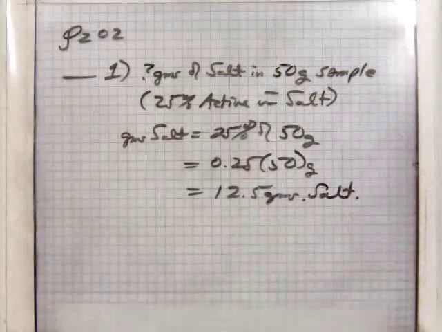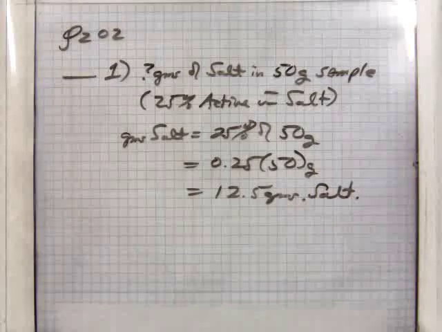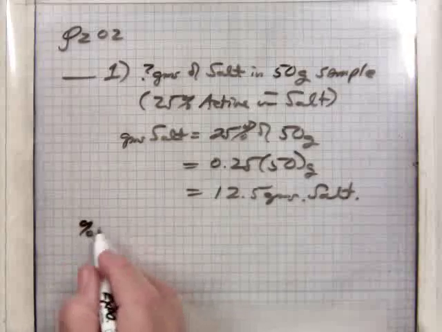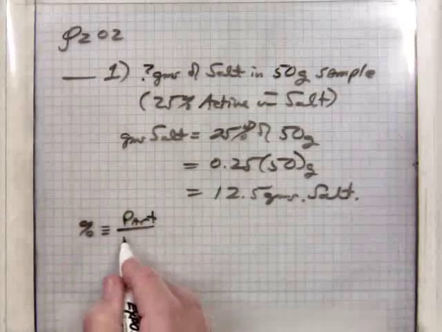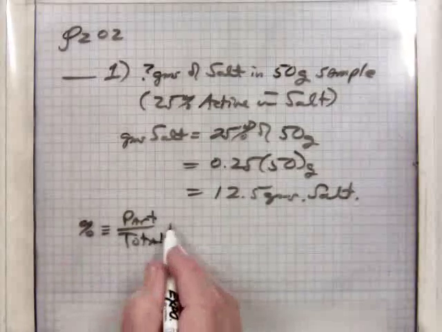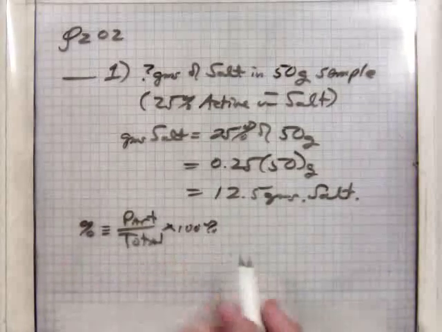But what I want you to also keep in mind is that percentage can be used as a conversion factor if you understand what the concept of percentage means. Percent, by definition, is part over the whole or total times 100%.